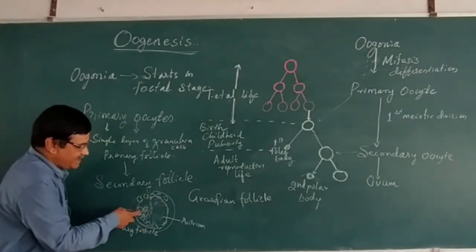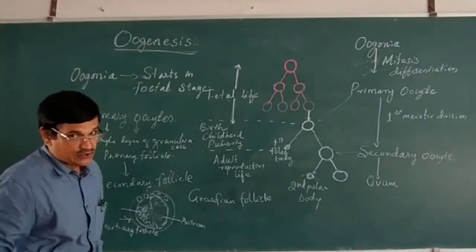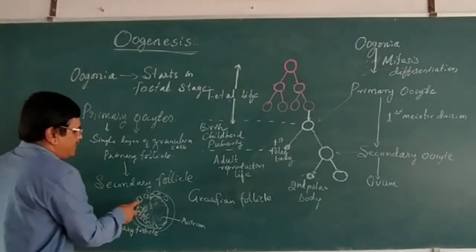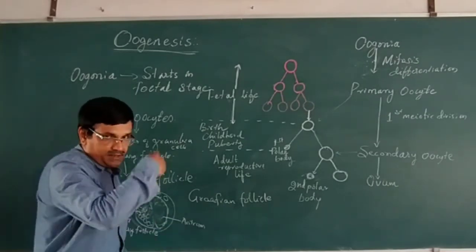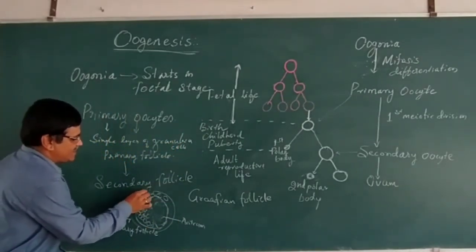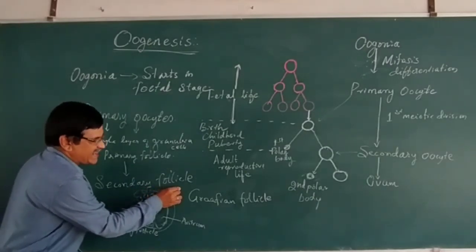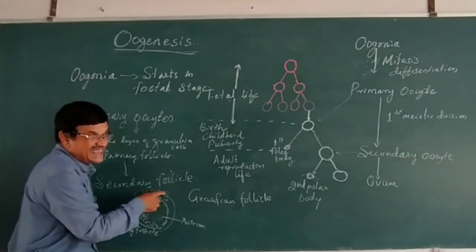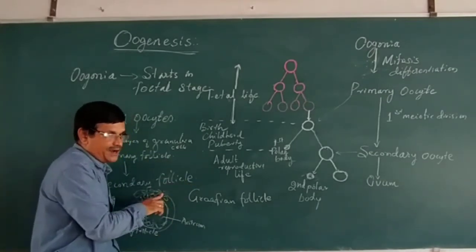Okay, it is the secondary oocyte, and this layer is known as the zona pellucida. The zona pellucida will be formed, and once again, around the granulosa cells, the thecal layer gets differentiated into the outer theca externa and the inner theca interna.